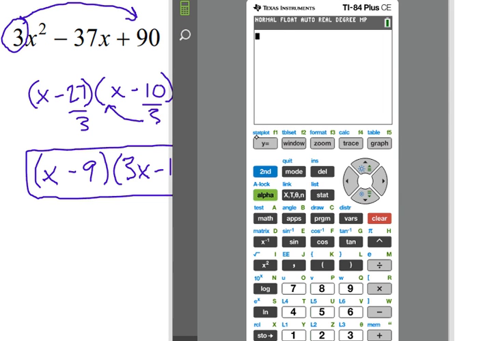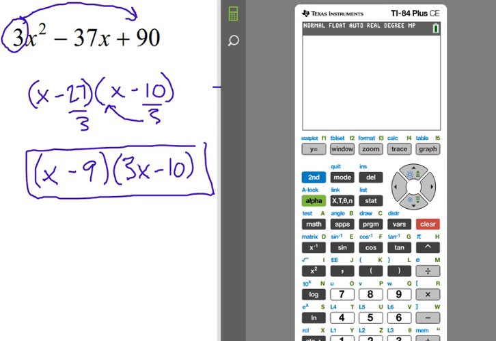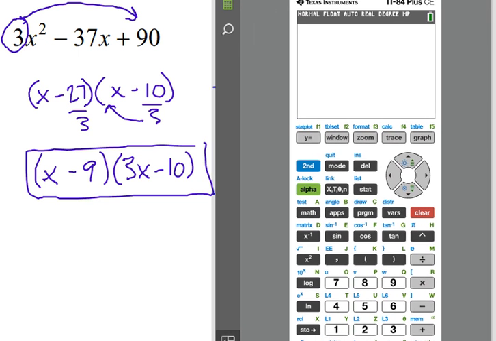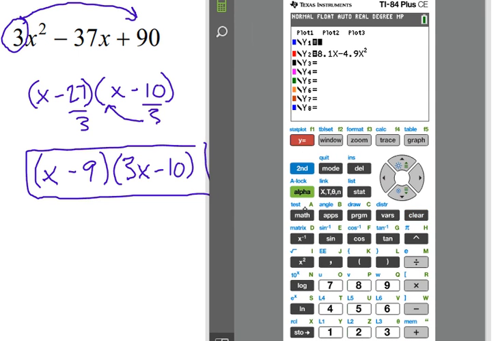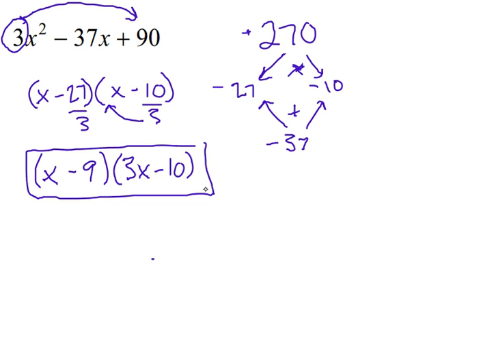Okay, so what you're going to do is hit y equals on your calculator, and whatever number you need to be factored, type that number in. So in this case, 270. And then you hit divided by x. And what we're doing here is, if we need two numbers that multiply to equal 270, then we're going to solve for y.